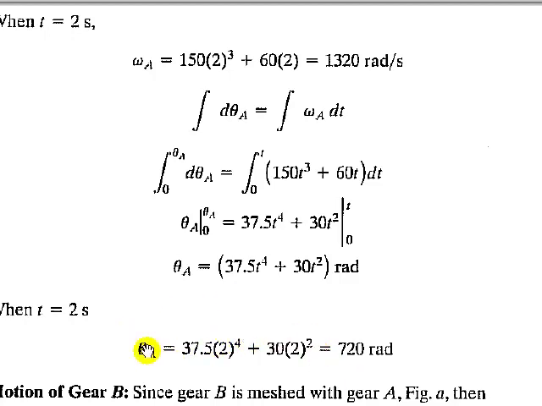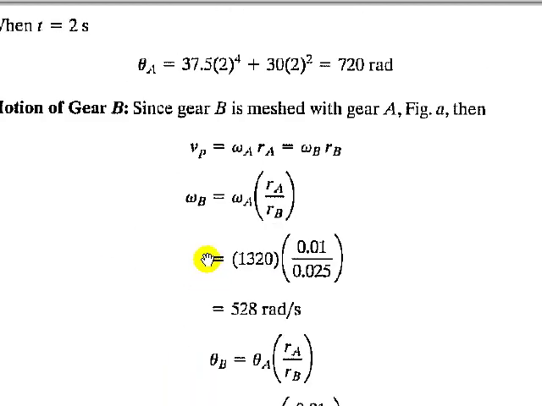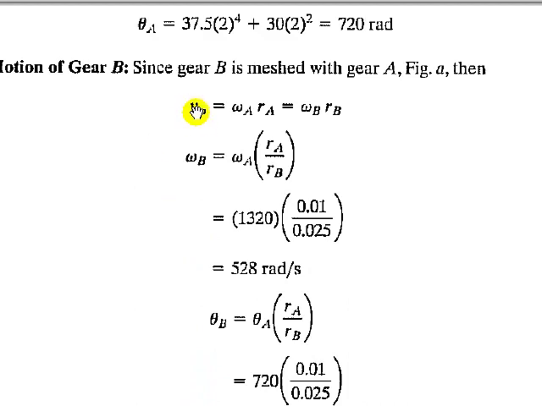But that's the A side. We know the omega and the theta, but we don't know the B side. But we do know that the velocity of the common point between the A and B gears would be r omega for each of them. So omega A RA is equal to omega B RB. Solving for omega B, omega B is equal to omega A times RA over RB.